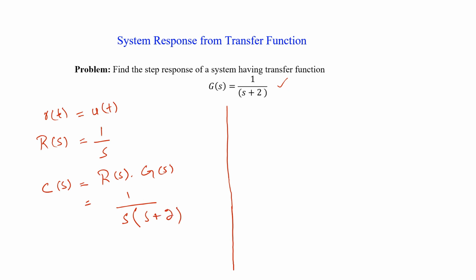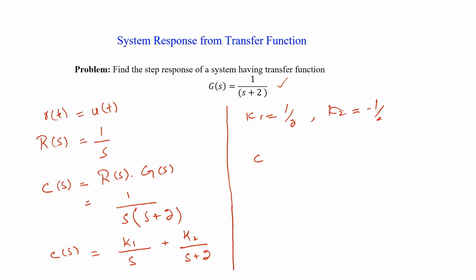From the previous discussion of the partial fraction expansion, we can write this C of s as K1 divided by s plus K2 divided by s plus 2. And from simple manipulations, we can find that K1 is equal to 1 by 2 and K2 is equal to minus 1 by 2.